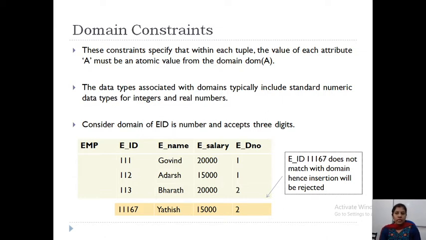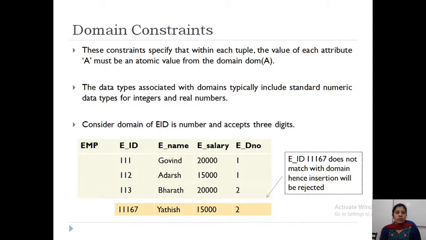Now here you see the example. We have the employee ID, which is an integer type value, and it will take only 3 digits. The maximum length must be 3 digits.